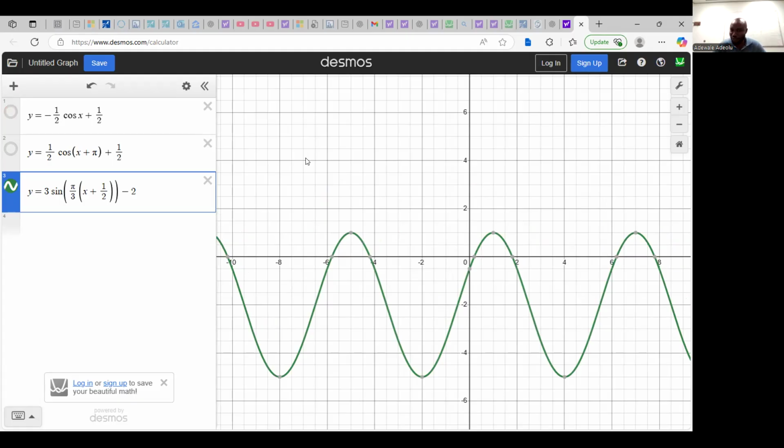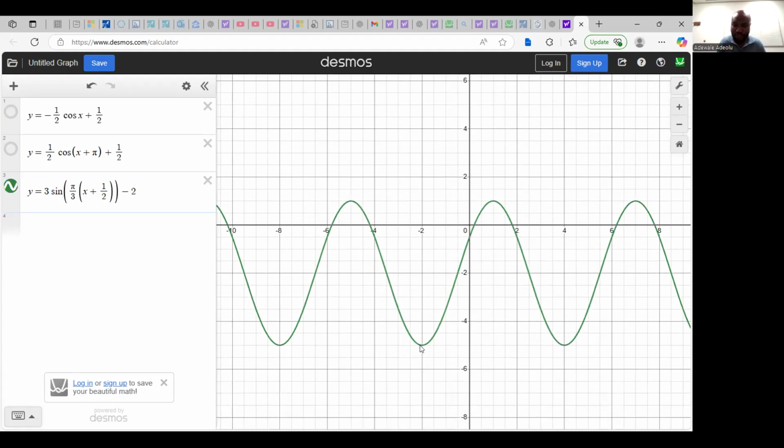Beautiful, right? We have the same thing. You can check the value there, 1, 1. Let me move this upward. The value here is -2, -5.